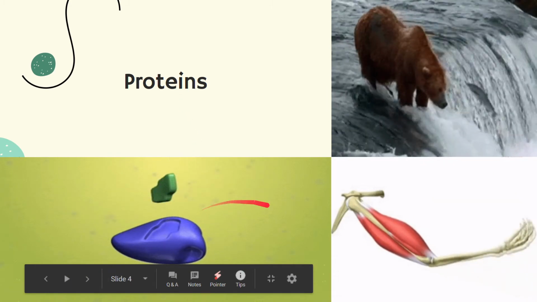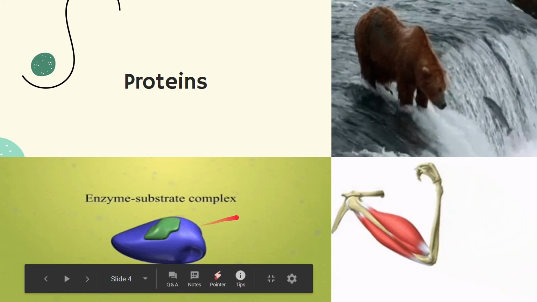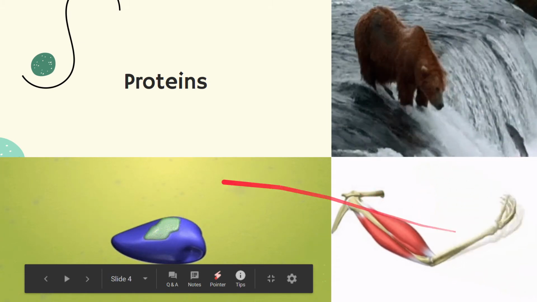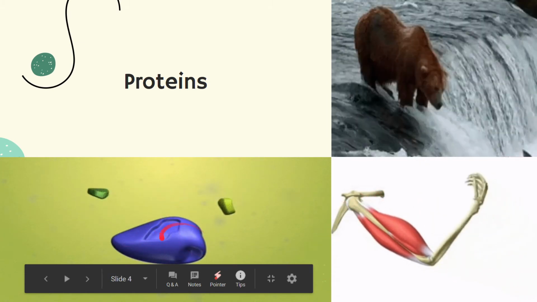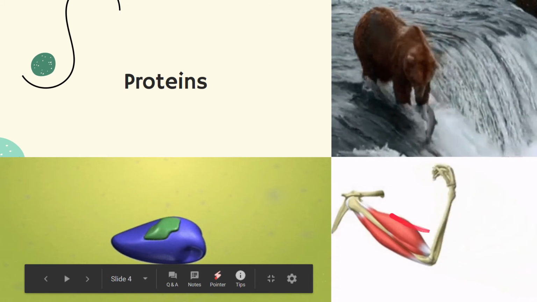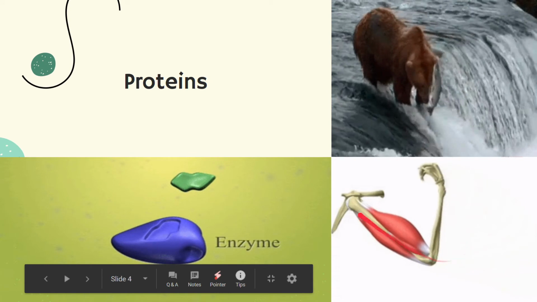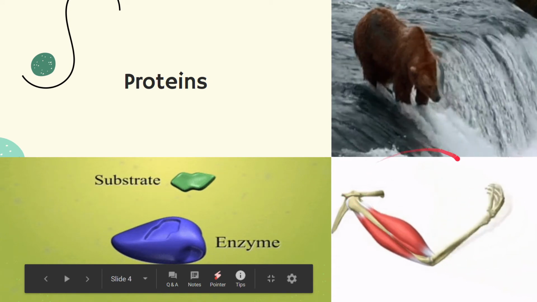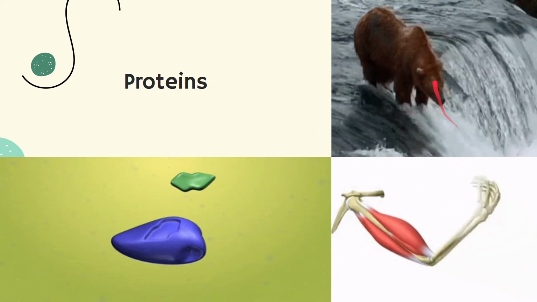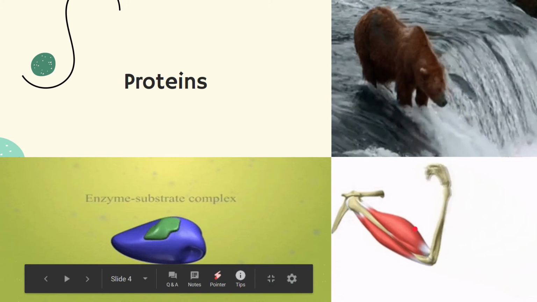And obviously you can see different proteins, different shapes. Here is a more complex 3D shape. This will probably be more fiber. And then they all depend on the function.